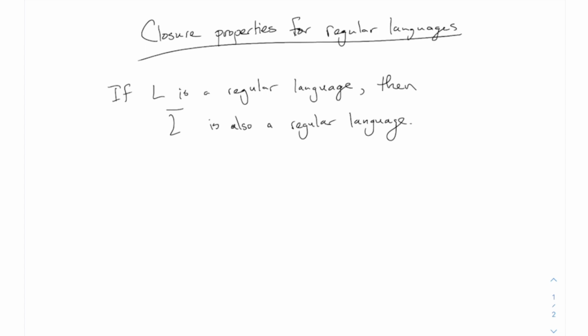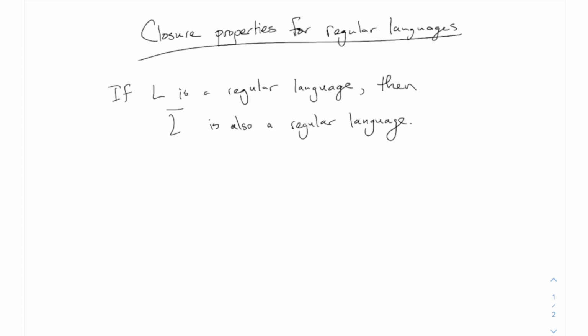And my goal for today is to talk about unions and intersections. So we're also going to talk about if L1 and L2 are regular languages, then the intersection is also a regular language, or then the union is also a regular language. That's the kind of thing that we want to talk about.